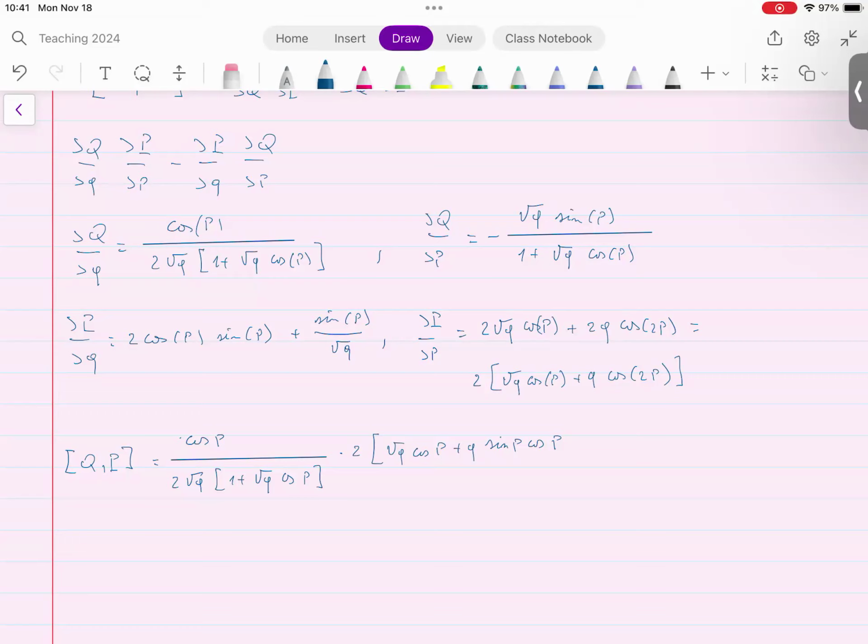Oops, no, sorry, I wrote it backwards. I wrote the sine instead of the cosine. Let me leave it as cosine of 2p for one more step, and then I'll fix it.